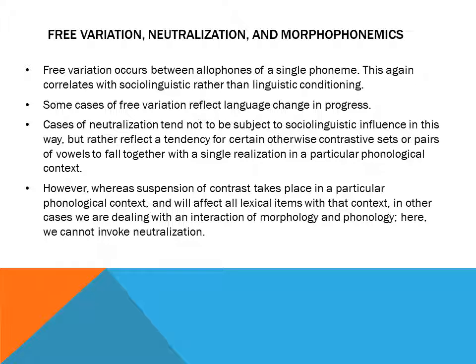Moving to another topic: proliferation, naturalization, and morphophonemics. Proliferation occurs between allophones of a single phoneme. This again correlates with sociolinguistic rather than linguistic conditioning. Some cases of proliferation reflect language change in progress.